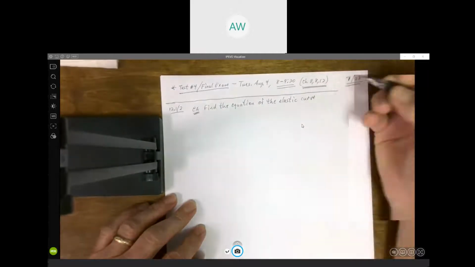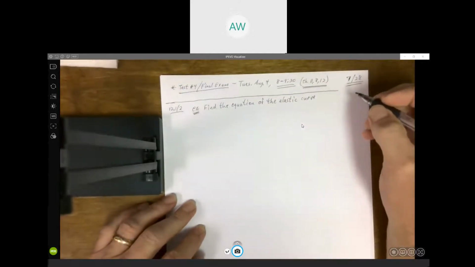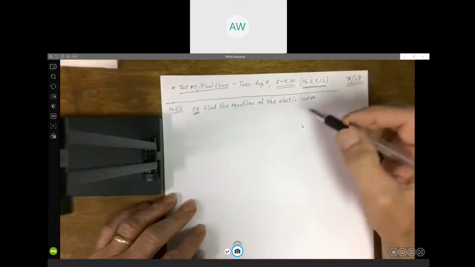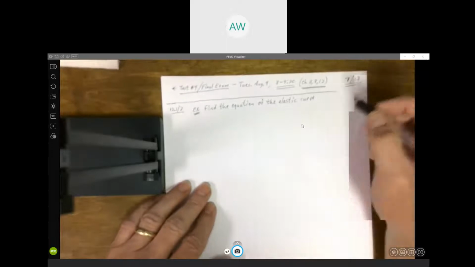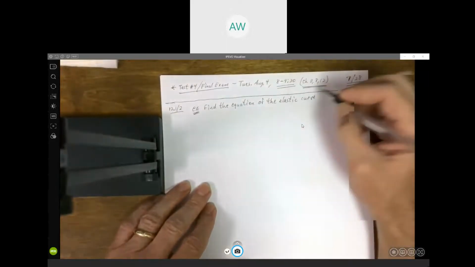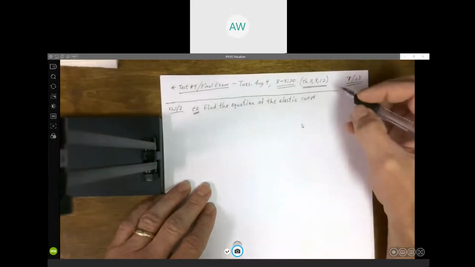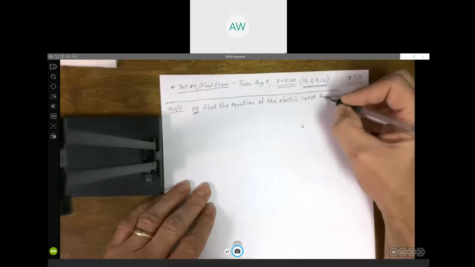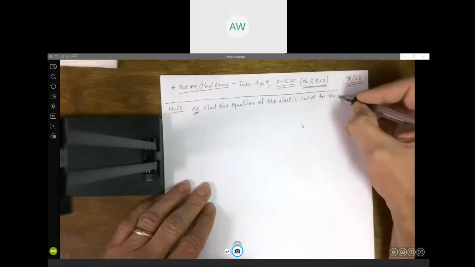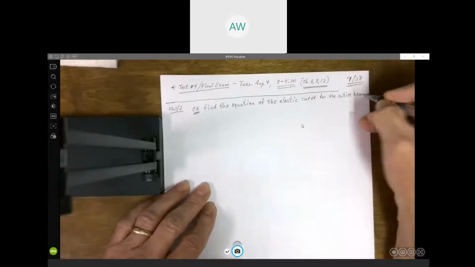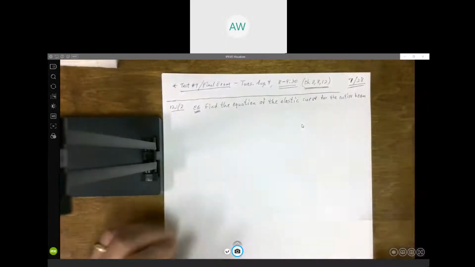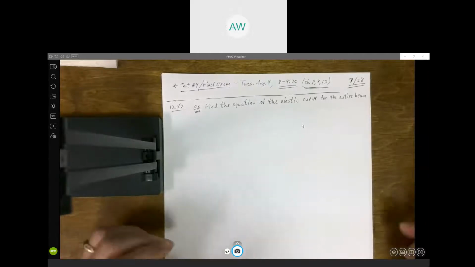All right, so we're trying to find an equation y. It's going to be a function of x that basically gives the deformed shape of this beam, and we're going to try to find the equation for the entire beam. So all the way down the beam, we want an equation that gives us the deflection or displacement.